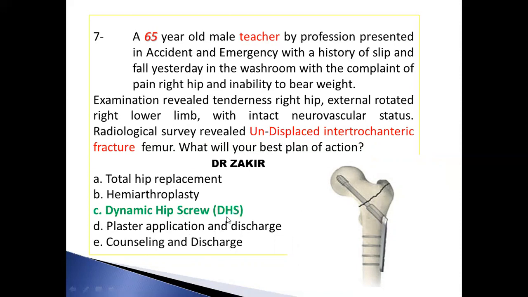If there's an option of open reduction internal fixation with plate and screw, go for that option. And if there is an option of gamma nail, go for gamma nail. All these options cannot be together, so one of them will be there, so just go for that one. Total hip replacement, hemiarthroplasty, plaster application, and other options are not for extracapsular fracture fixation.